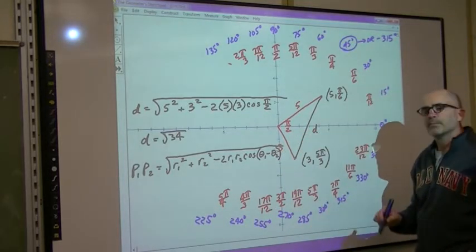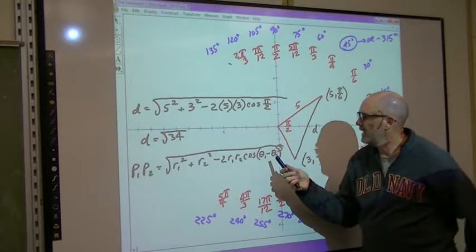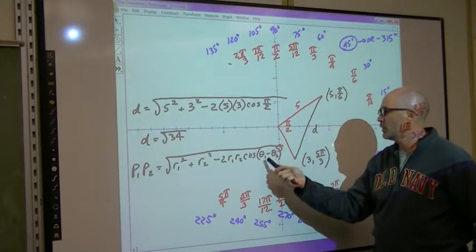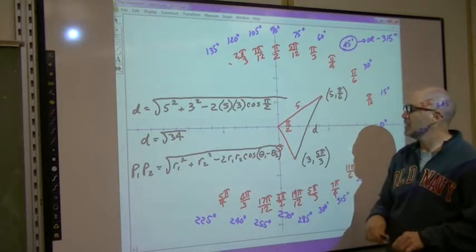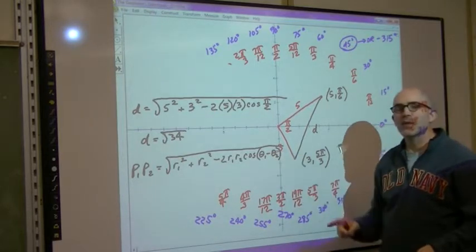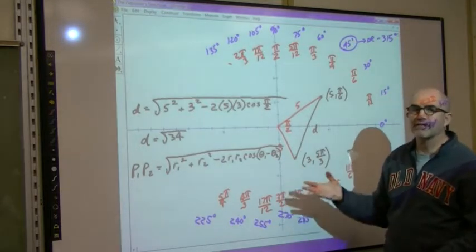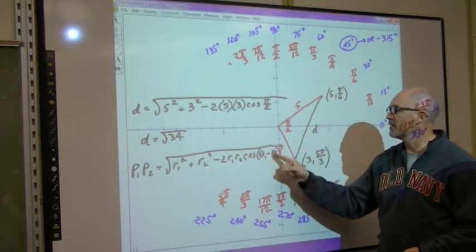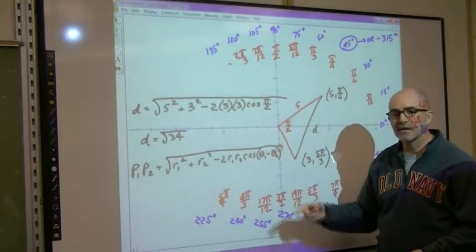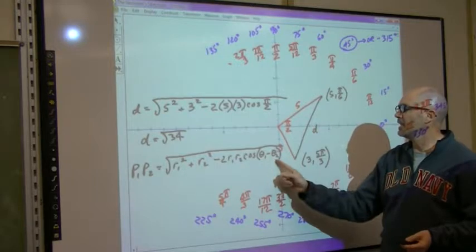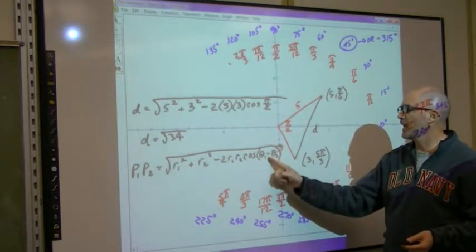That's it. Now, keep in mind that it doesn't matter what order you put the angles in, because if you go theta 2 minus theta 1, that would just be the negative of this. And you all remember that cosine is an even function, which means cosine of negative theta equals cosine of theta. So it completely doesn't matter what order the angles are in.